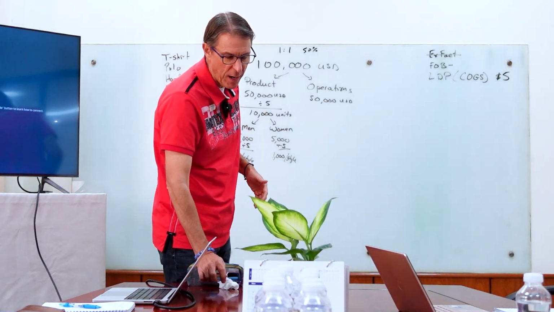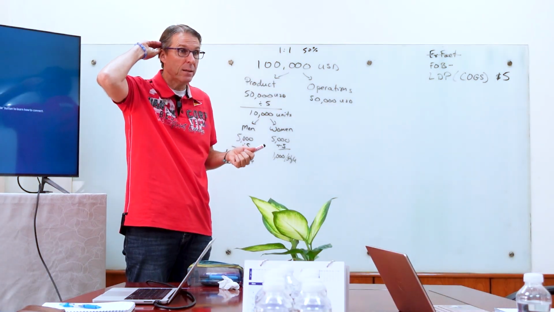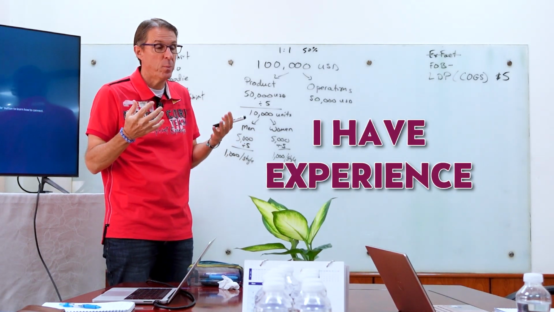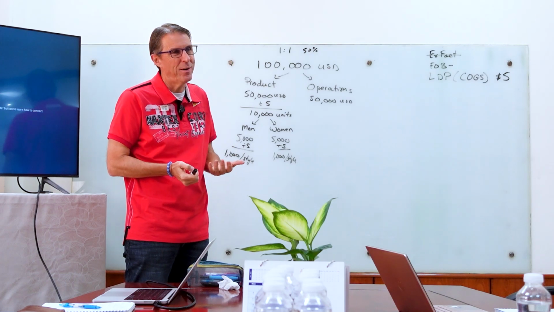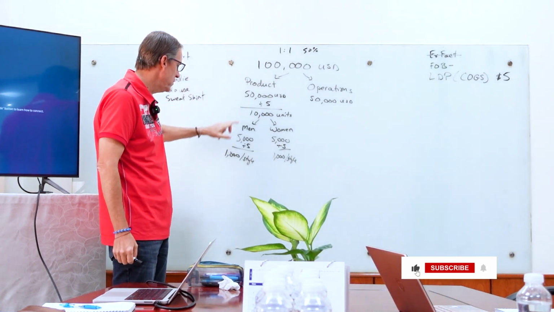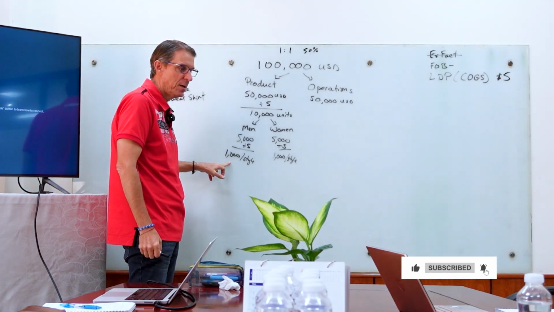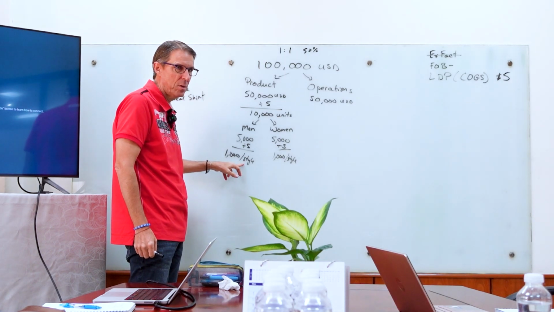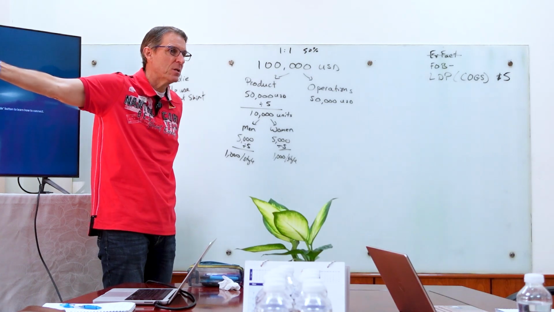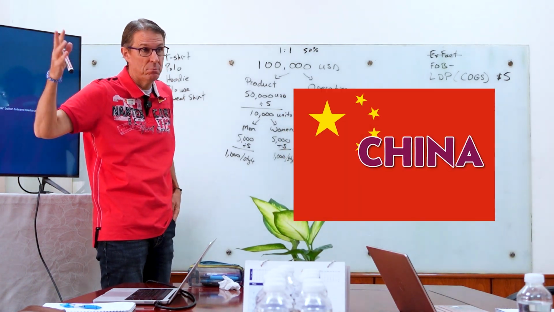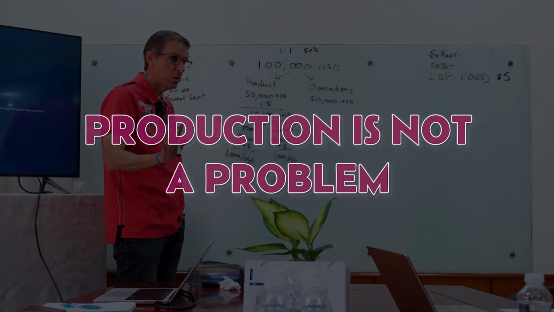I think one of the reasons why you hired me, because I have experience, I know a lot of factories in Vietnam. I'm here to tell you that's the easy part. I mean, if you've got this money and you're willing to pay their price, if you can do 1,000 per style, especially if you're providing the fabric, then there are many factories in Vietnam, China, that will produce. So production is not a problem.